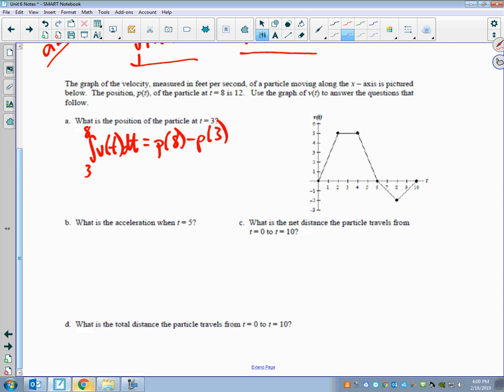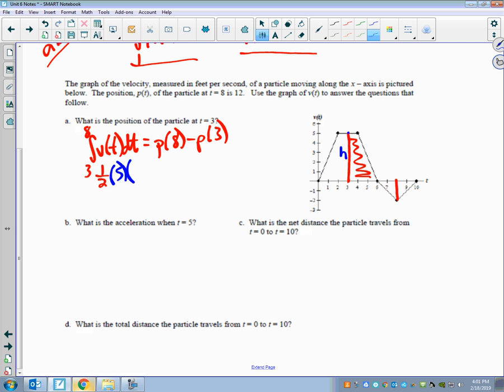But now I don't have an equation. Now I have a graph. So from 3 to 8, I need to do the area. And again, I'm not scared of trapezoid, so I'm going to do this as a trapezoid. So that's going to be 1/2. And the height of that trapezoid is the distance right here. So from 0 to 5, so that's a height of 5.